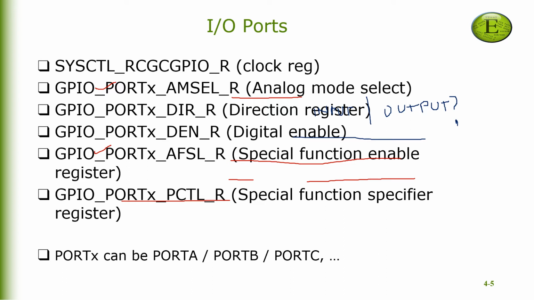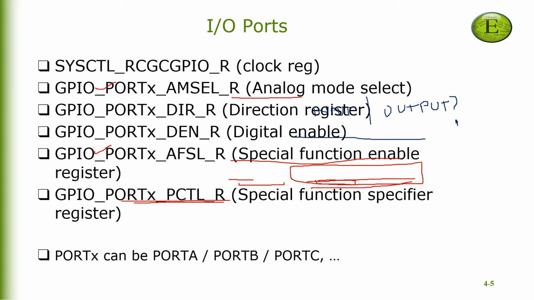Therefore, if we wish to enable the port or some of its pins, and we want to configure them to perform those special functions, then we have to set bits in the special function enable register. So we would be interested in writing to this register if we want to perform a special function at our ports.